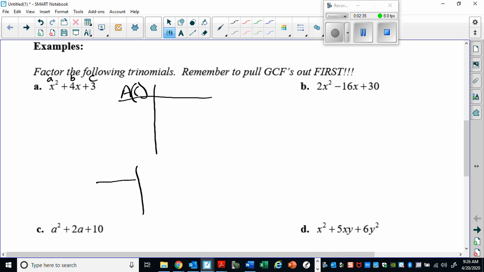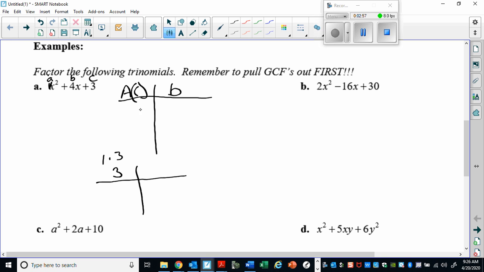That's what we're doing, A times C, and then this is going to be the B term. So A times C, what number represents the A here? It's going to be 1. So 1 times 3. 1 times 3 is equal to 3. So this is going to be here.